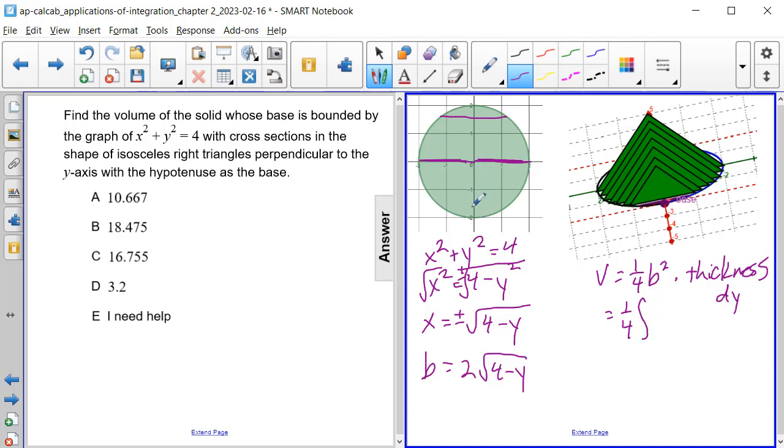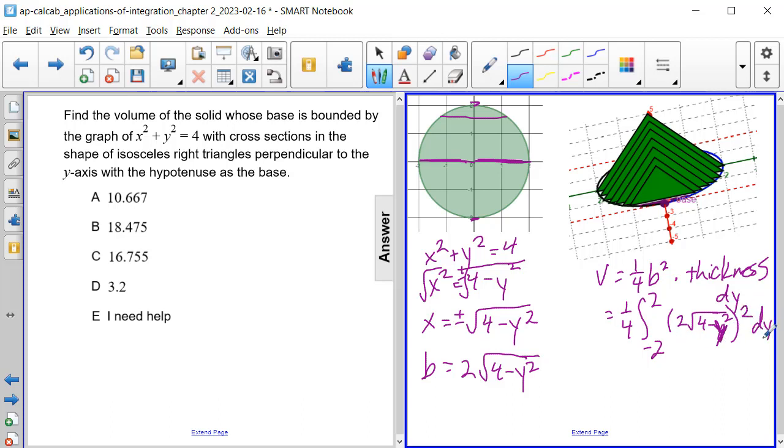And now if we look at our lower and upper bounds, it's going from -2 to +2 on the y-axis. And again, our b value is 2 times the square root of 4 minus y squared. Oops, I'm sorry, I forgot to put the squares in earlier. And this entire thing is going to be squared.